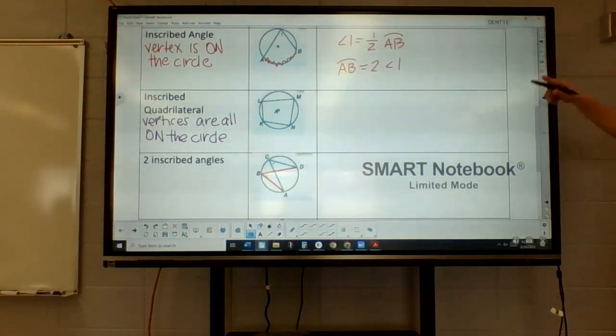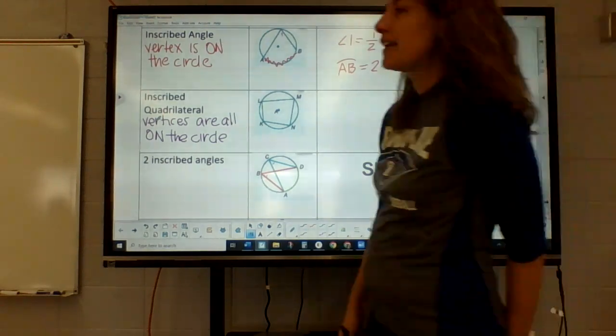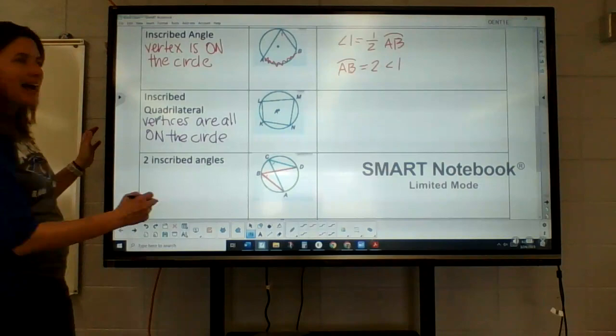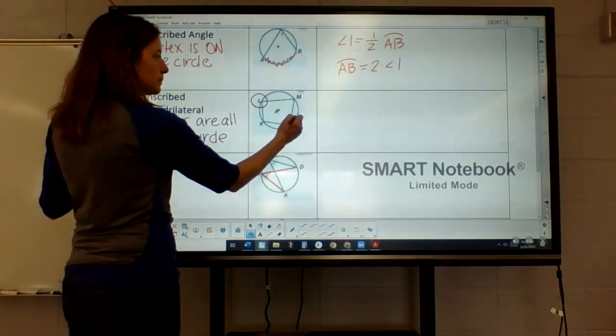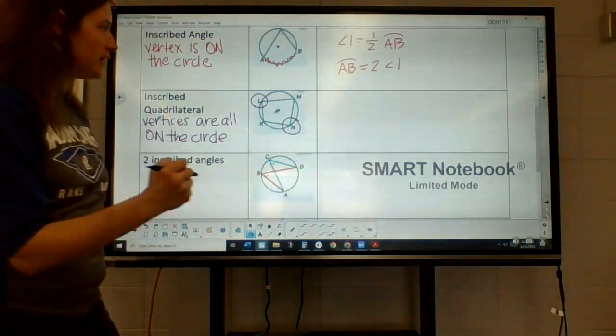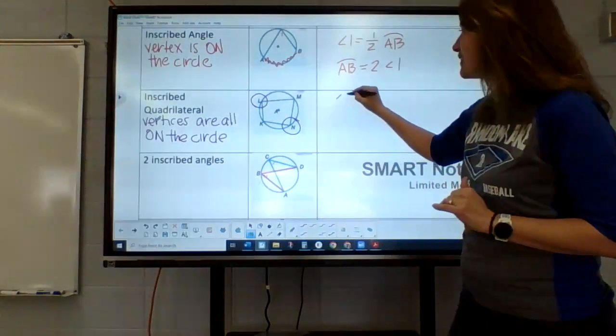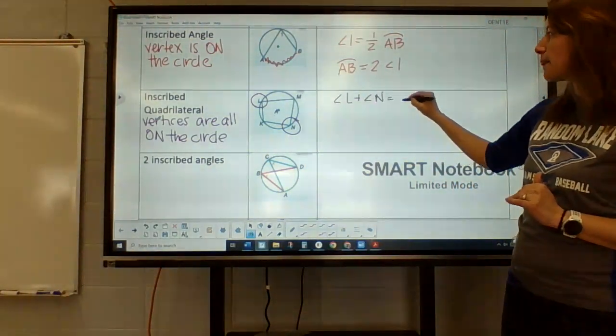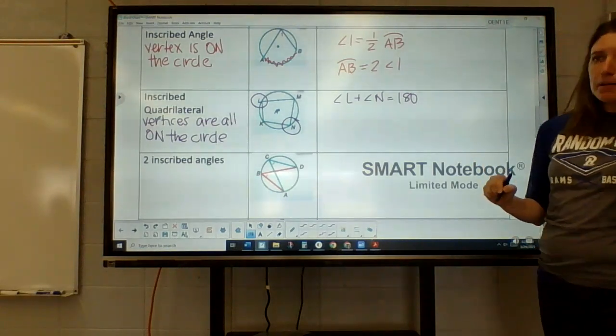There's something special here, guys. What do we know? What do I know about the opposite angles? They're not equal. What's the other thing they could be? They add up to 180, yep. So they're supplementary.